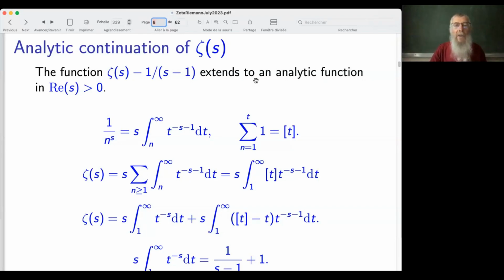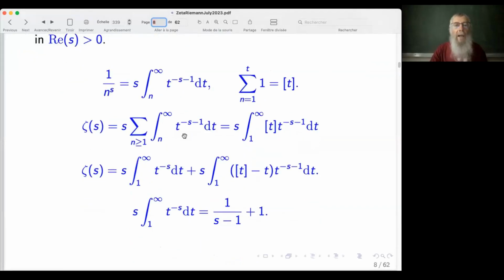the analytic continuation of zeta(s) can be obtained as follows. We first integrate from n to infinity t to the minus s minus 1 dt. This integral is easy to compute, and it is 1 over s n to the s. And we use the fact that the sum for n equal 1 up to t of 1 is the integral part of t. And so zeta(s) is the sum of 1 over n to the s.